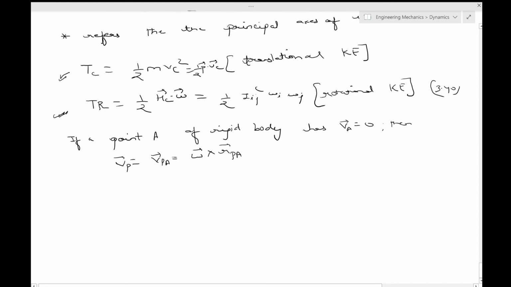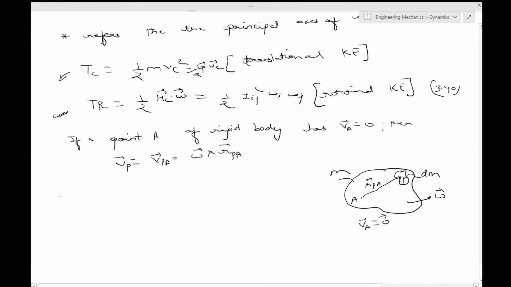Let's see that in a figure. So if you have something like this, A, P, you have the small mass dm, r_PA, the whole mass is m, rotating by omega, and v_A is equal to 0. Then v_P is equal to omega cross r_PA.